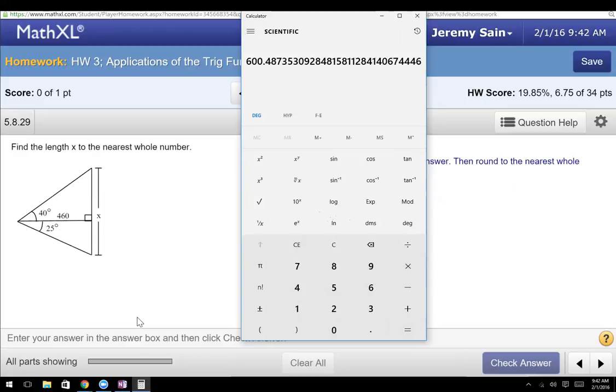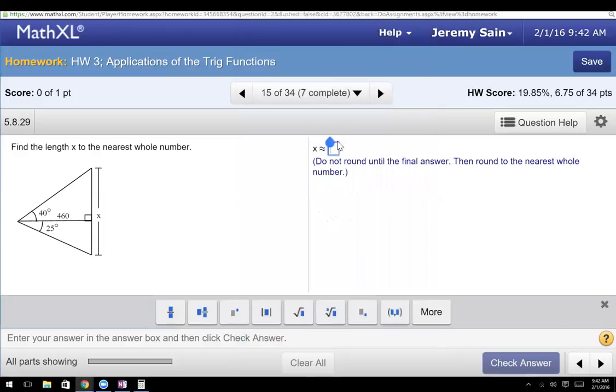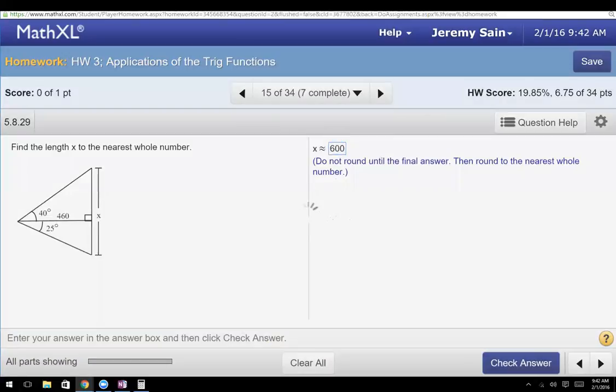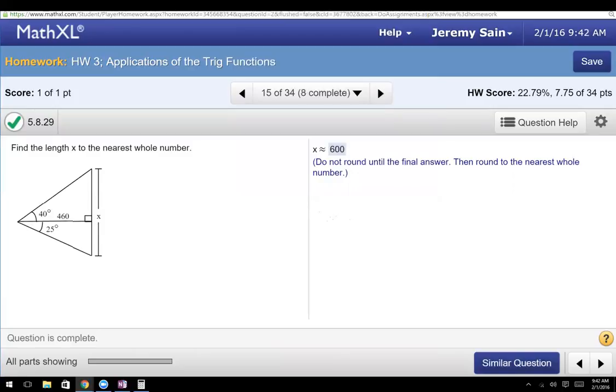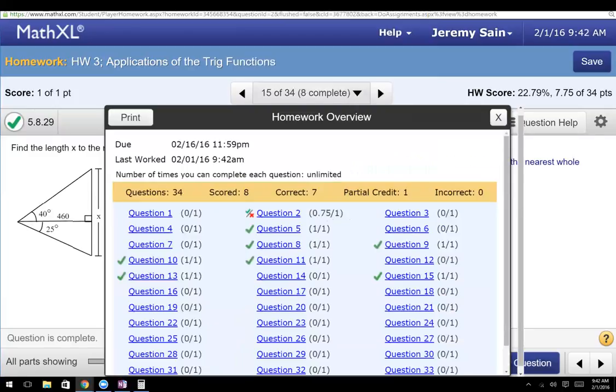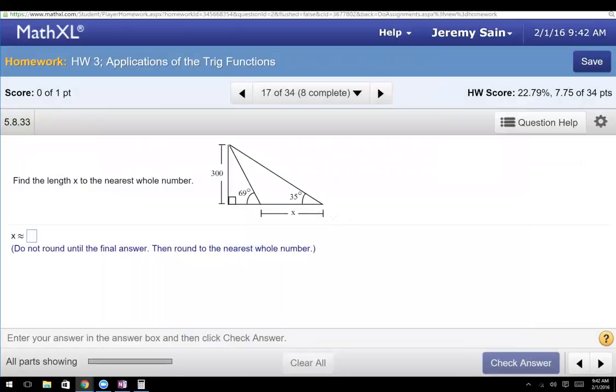The whole number is 600. Cool. That was it. Wait, was it tangent 40 plus tangent 40? Yeah, because you're doing the same thing on both triangles, you're just adding them together.